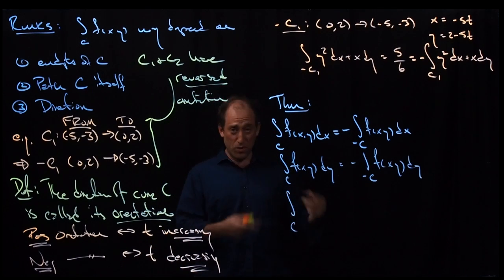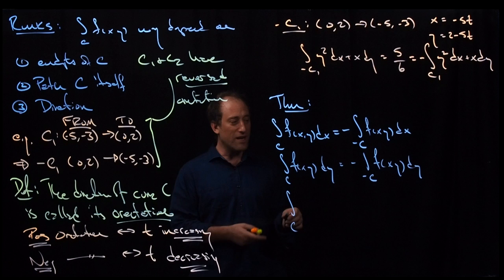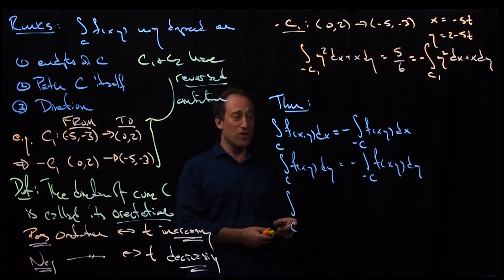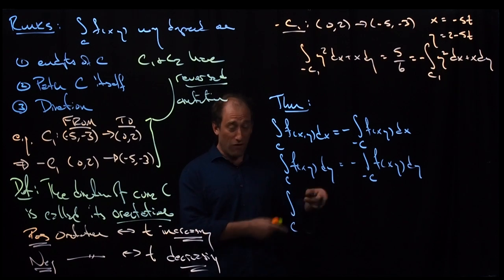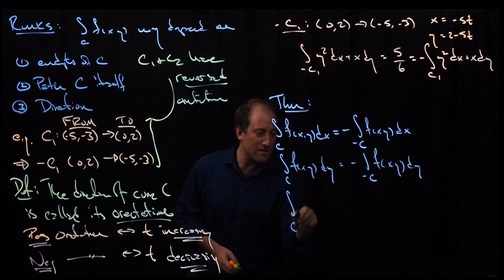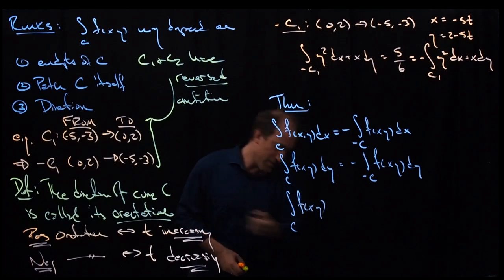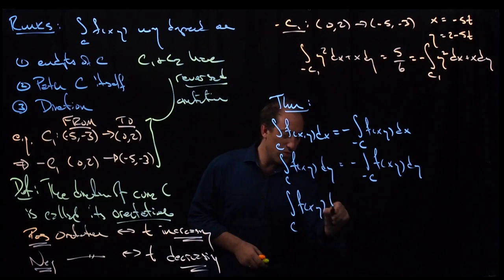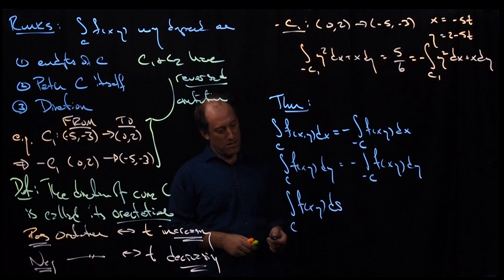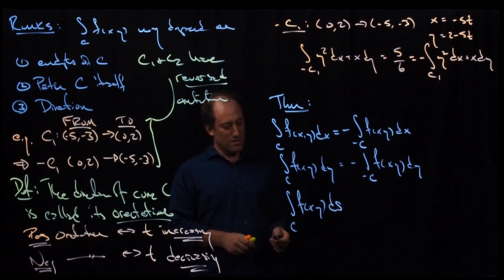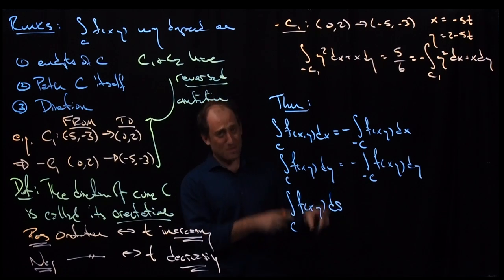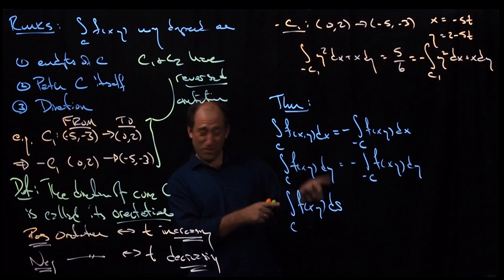However, for the integral of f(x, y) ds, this I won't prove. You can sort of take it on faith if you like, but it comes from the rather remarkable properties of parametrizing by arc length. If you want to see how this works, definitely write me. It's pretty cool.